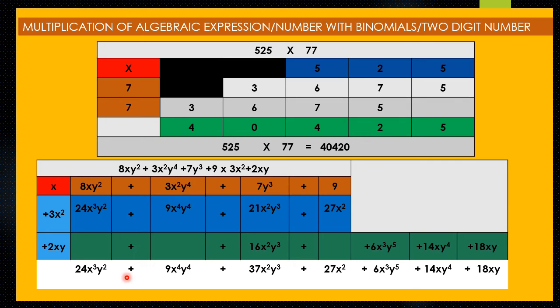If like terms are there, we will put the term in the second row below it. But if there is no like term, we cannot put the term in the second row below it, but we will bring it out rightward.